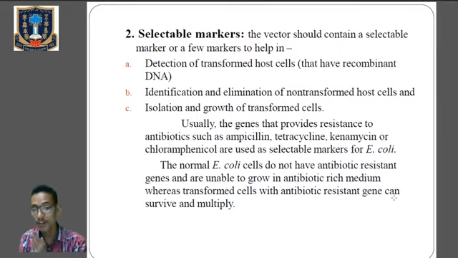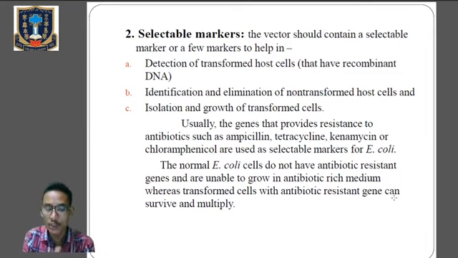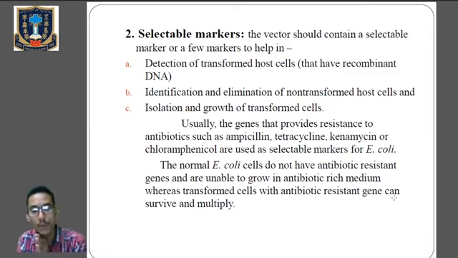Listen very carefully. The normal E. coli cell does not have any antibiotic resistant gene and is unable to grow in antibiotic rich medium, whereas transformed cells with an antibiotic resistant gene can survive and multiply.